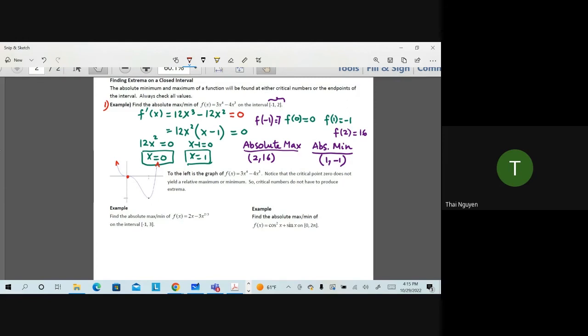All right, let's look at example 2. Take the derivative, f prime of x, and that's going to give you 2 minus 2x to the negative 1/3. That's 2 minus 2 over the cube root of x.